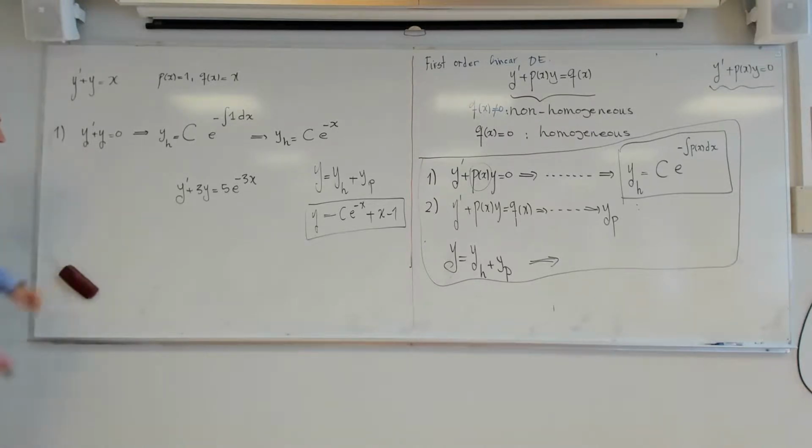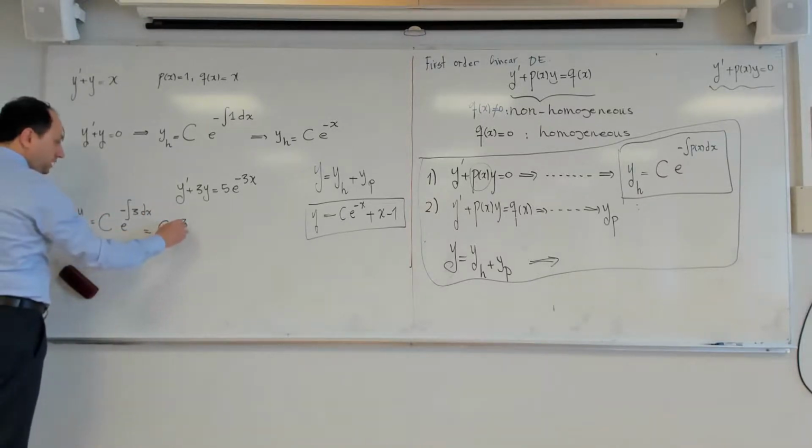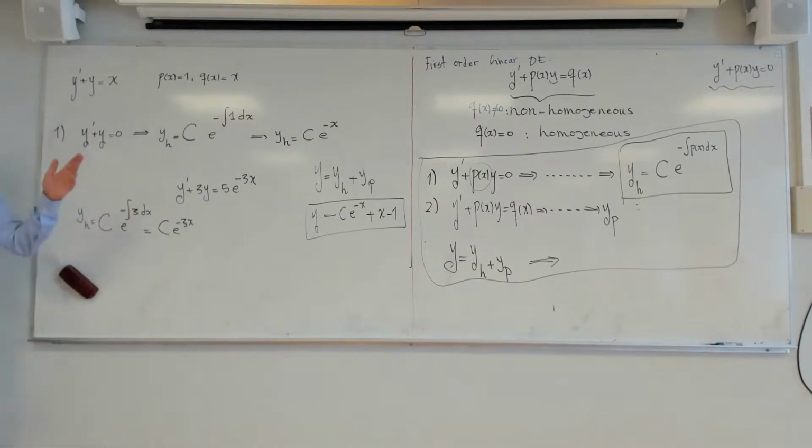coefficients, because what is yh in this problem? yh, according to that formula, is a constant times e to the power of minus integral P of x. So this is done. This is super simple. So this becomes e to the power of minus 3x. So this is the hardest integral that we have to calculate in this method.